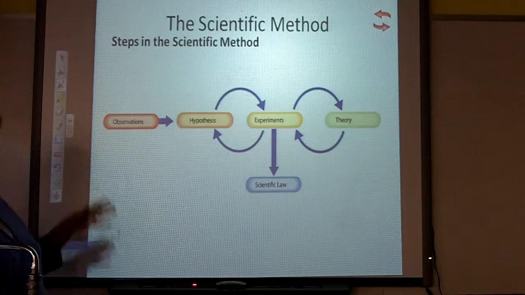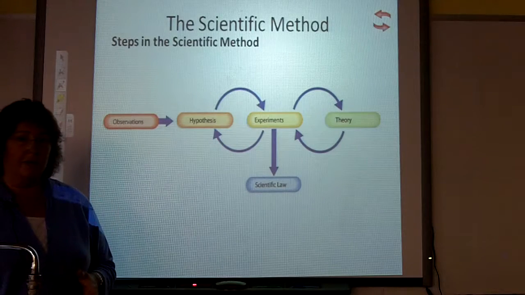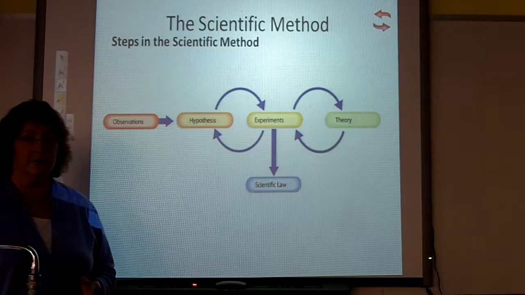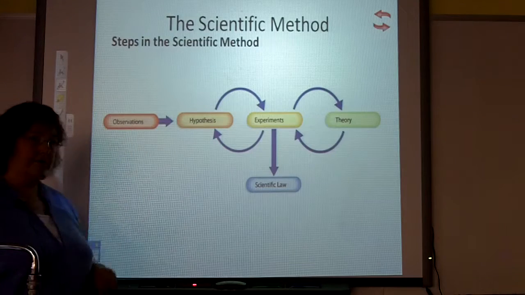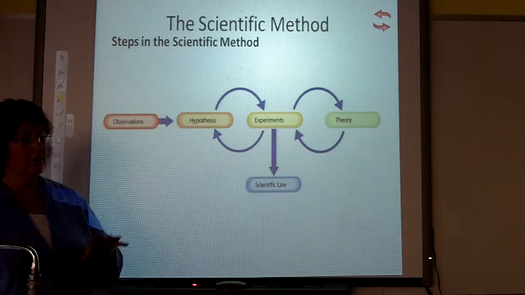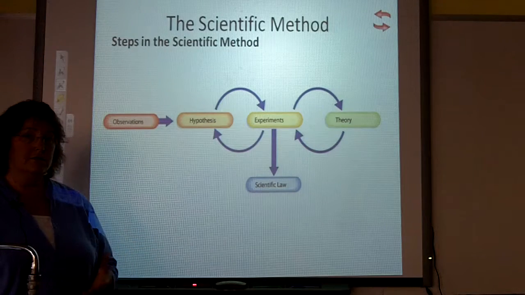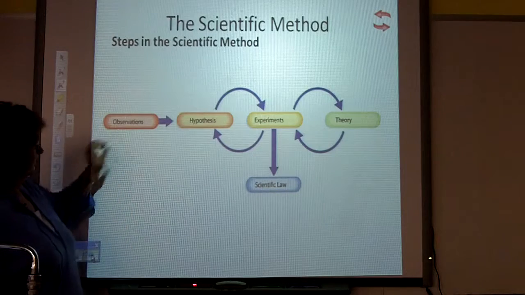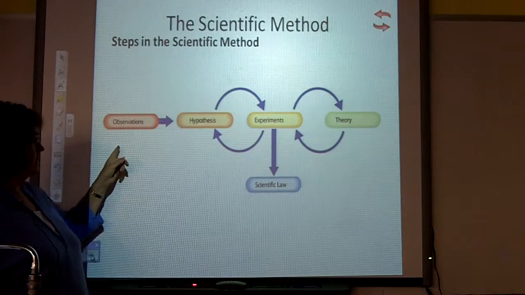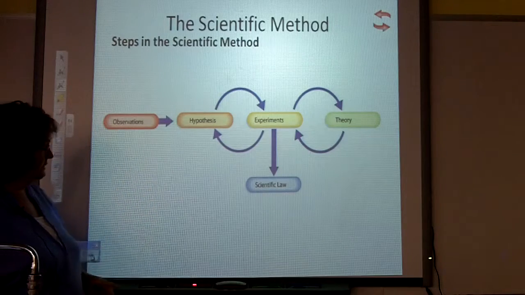In order to ask any kinds of questions, to come up with any hypotheses, to design any experiments, we have to make observations about the world around us. We have to make observations that we can ask questions about. So learning how to make quality observations is very important. It's the first part of this whole process.